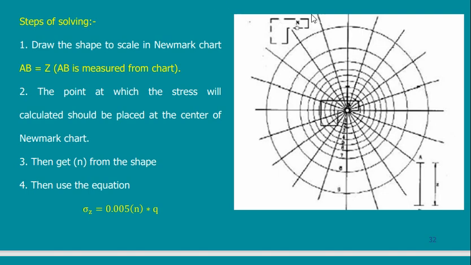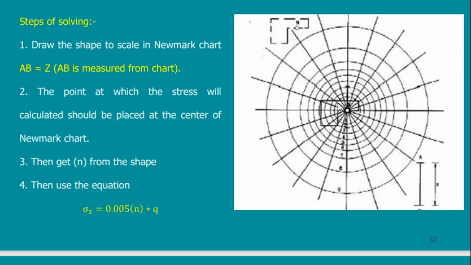Suppose that this is my footing, it is an L shape, and I want to calculate the stress at point N, this one. Then I draw this on the tracing paper, I take the tracing paper, and move it till I put this point N on the center. This is now the shape of the footing on the Newmark chart. Then I count the number of squares or four-sided figures below this footing.